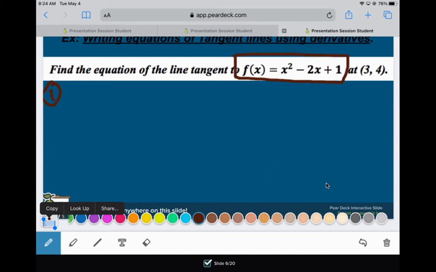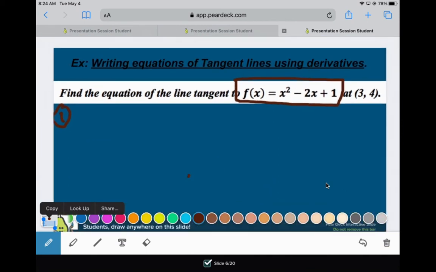So think about when you write an equation of a line. We have two options. Either we use slope-intercept, which is y equals mx plus b, or we use this one right here, y minus y1 equals m times x minus x1. Since a tangent line is a straight line, I'm going to use either slope-intercept or point-slope form to write that equation.